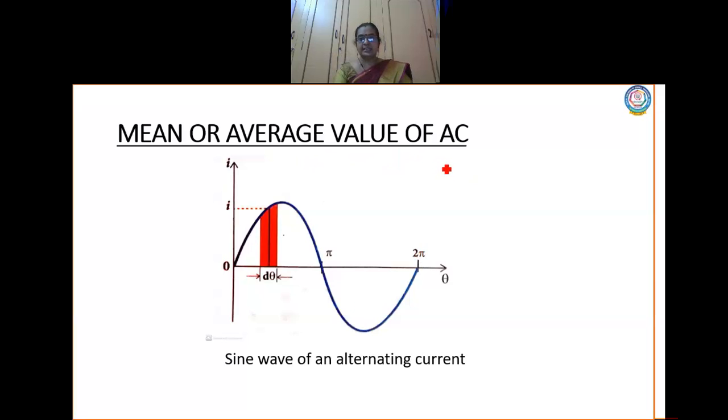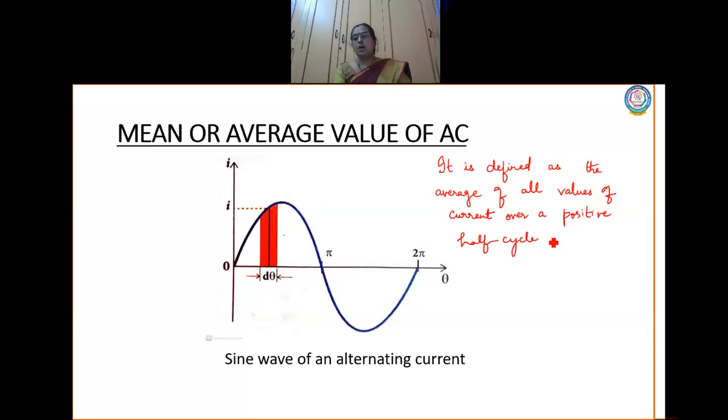The average value or mean value of AC is defined as the average of all values of current over a positive half cycle or negative half cycle.